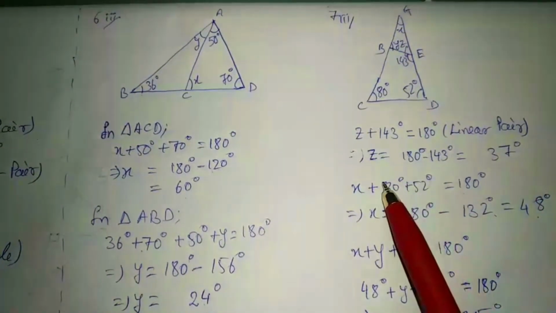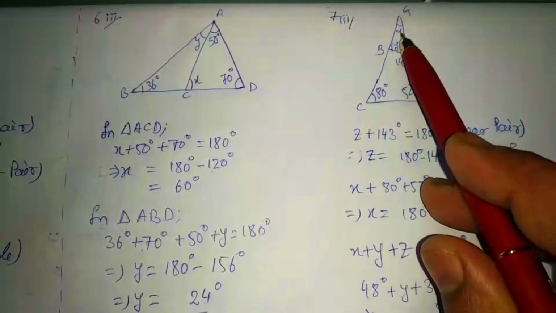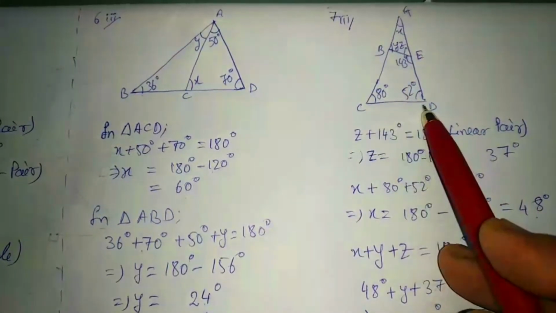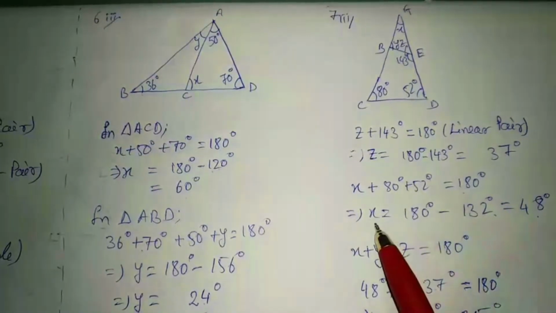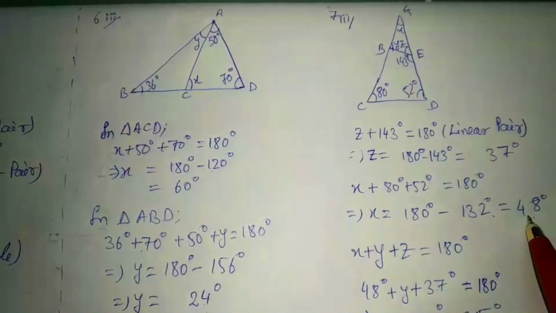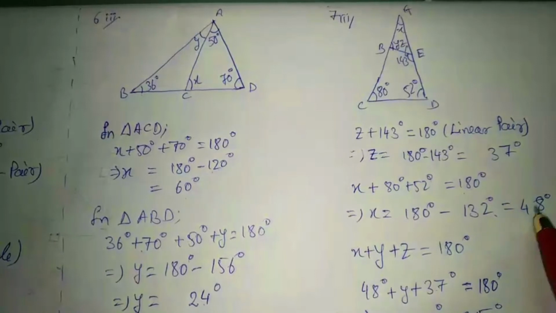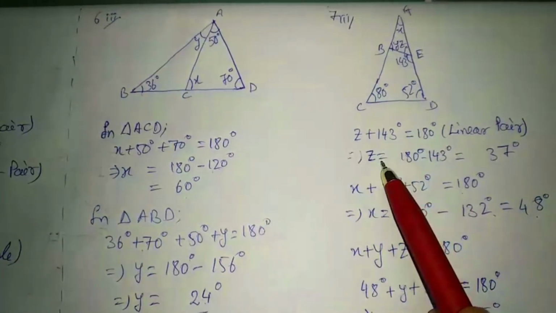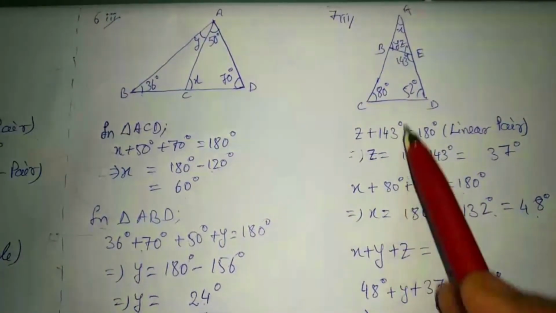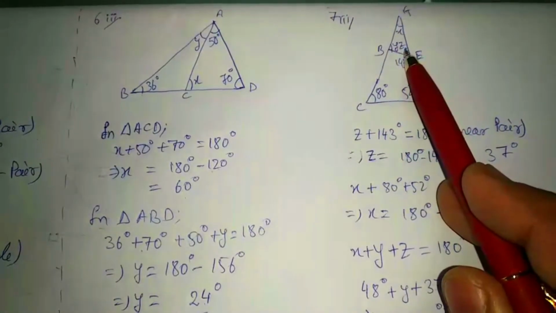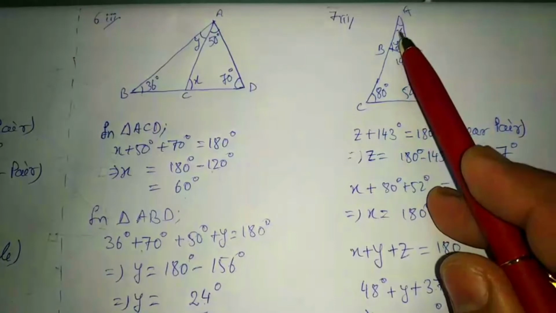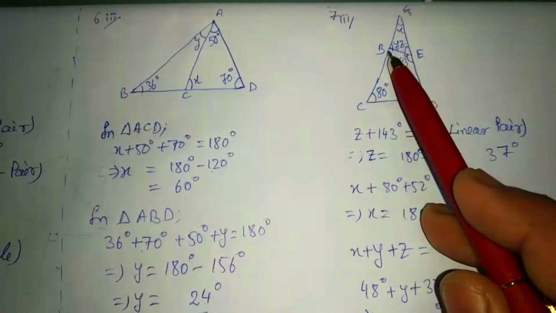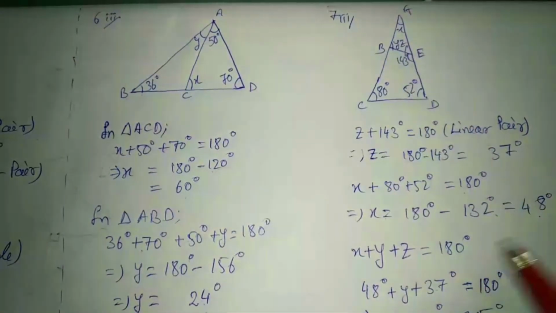Okay. Next, x plus 80 degree plus 52 degree is equal to 180 degree. So we can get the value of x as 48 degree. Now we have got the value of z and we have got the value of x in this diagram. So we can write in this triangle x plus y plus z equal to 180 degree.